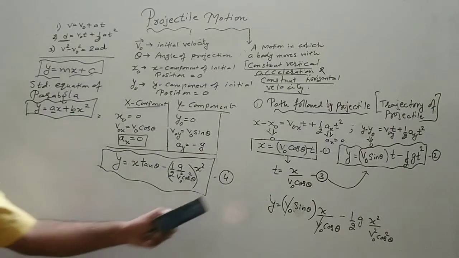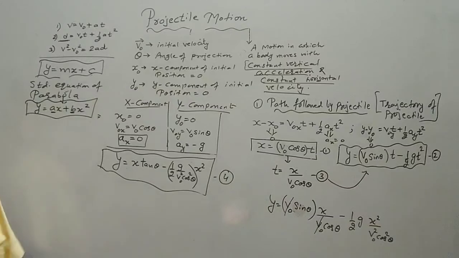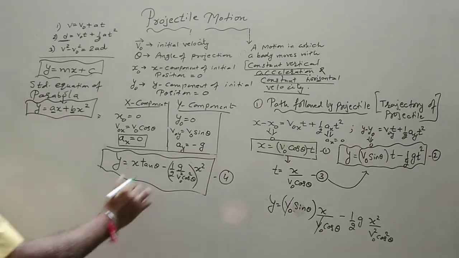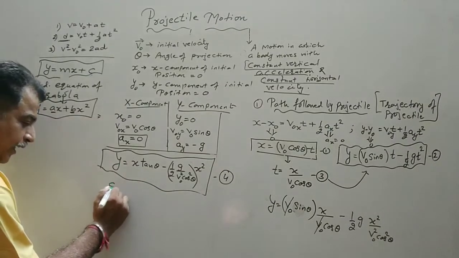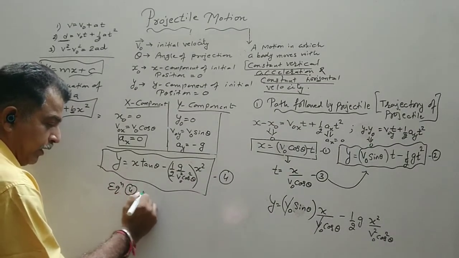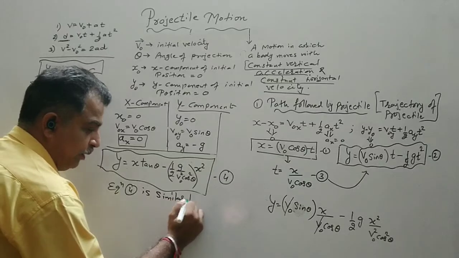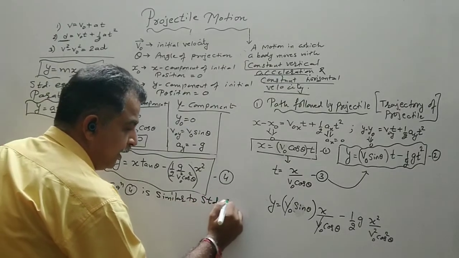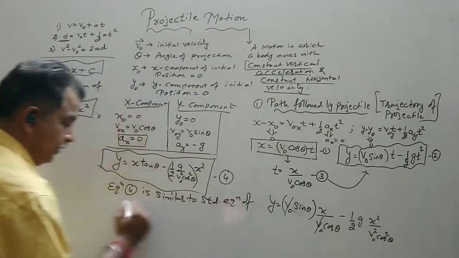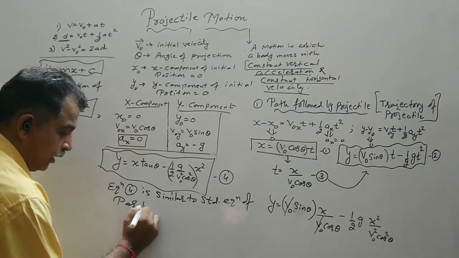Now you see this equation 4. You compare this equation 4 with the standard equation of the parabola. They are similar equations. So we can write that equation 4 is similar to the standard equation of a parabola.